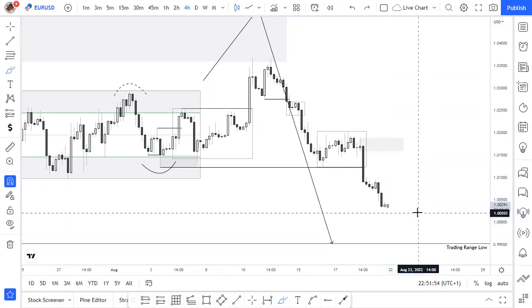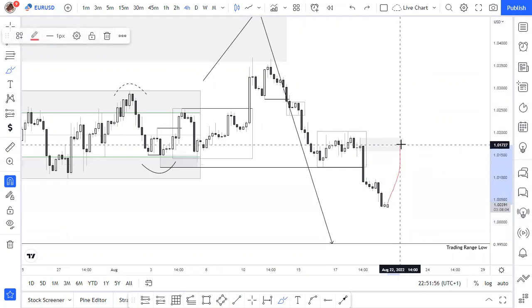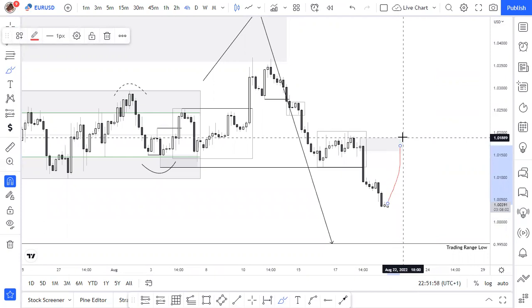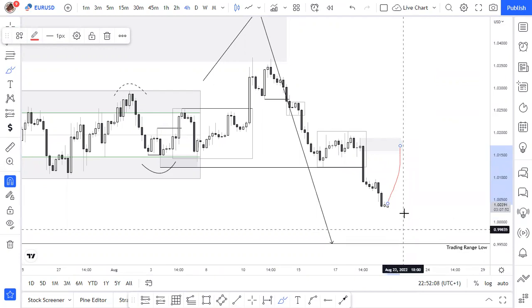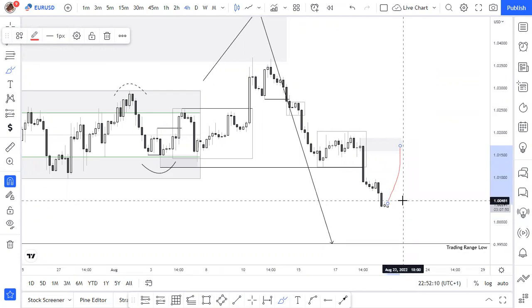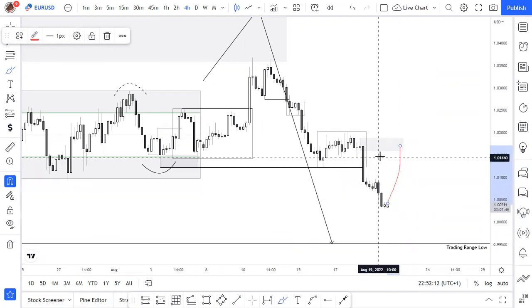To be very honest, if price pulls back here, I won't even look for that confirmation. I'll just study the lower time frame, see how they align with the higher time frames, and take trades in whichever direction. So that's it for the 4 hour structure.